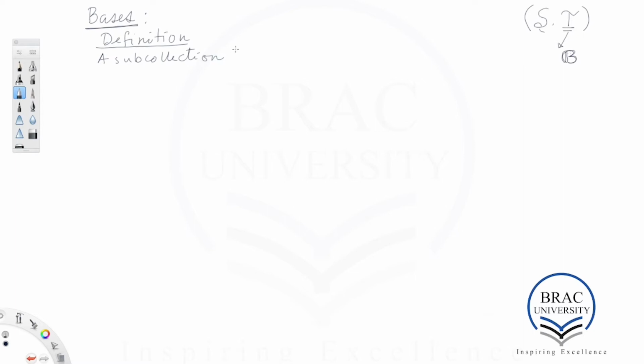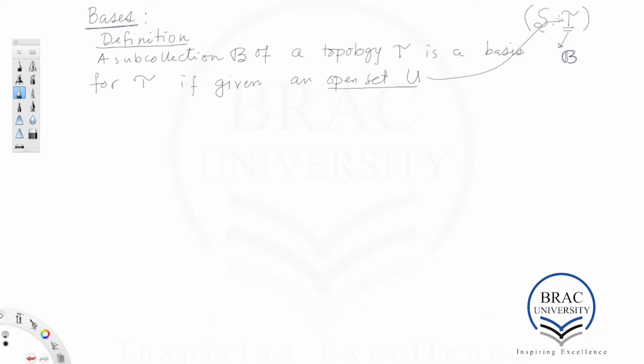A subcollection calligraphic B of a topology tau is a basis for tau if, given an open set U. Of course, this open set U belongs to this collection.